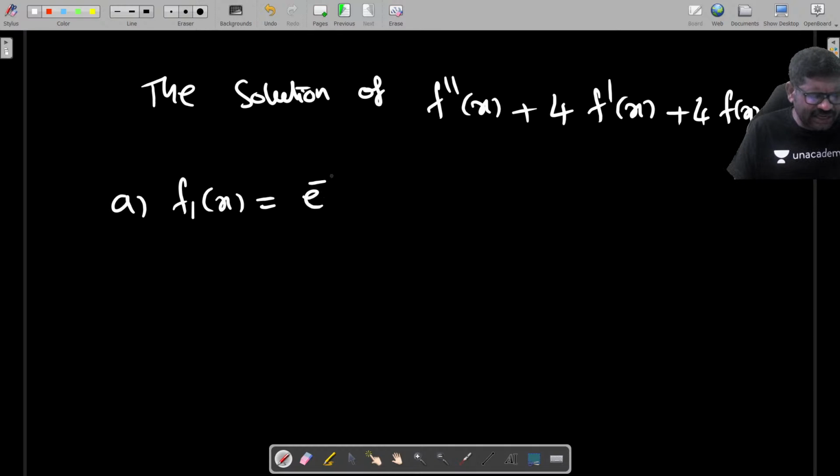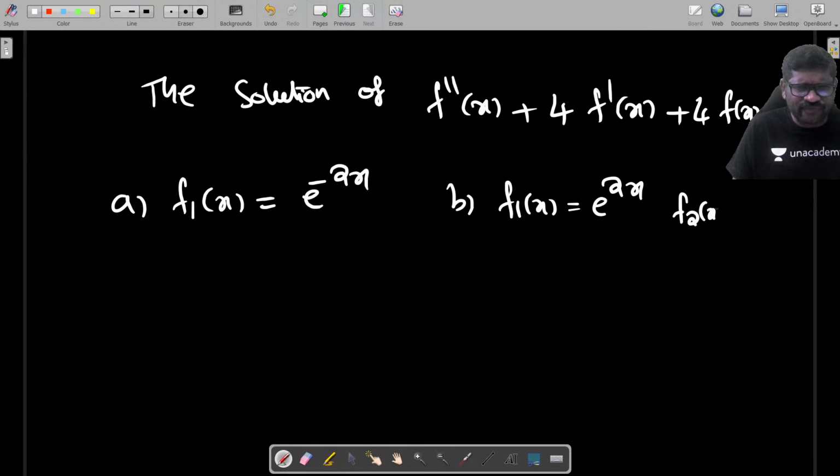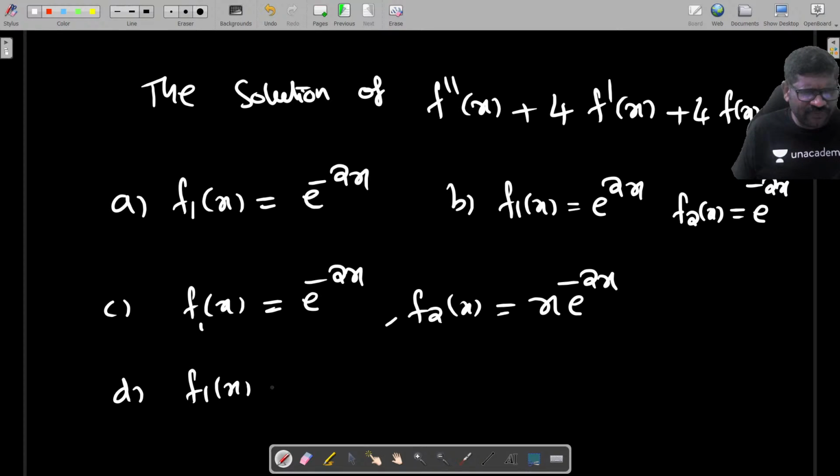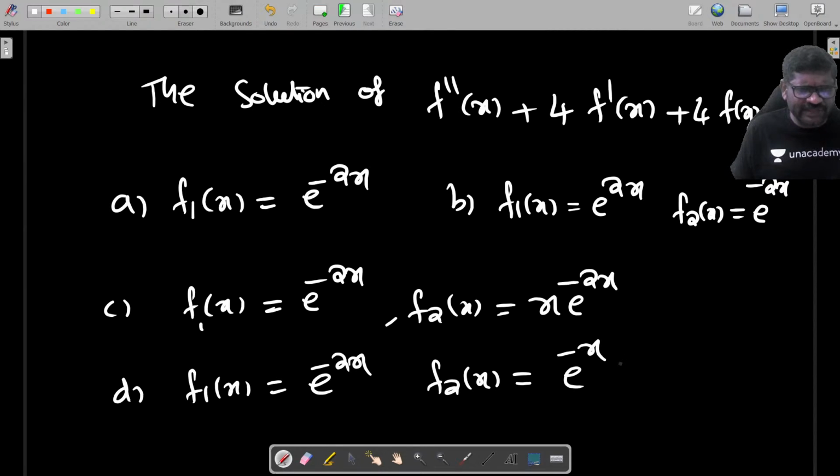First option, f1 of x is e power minus 2x, f2 of x is e power 2x. Second option, f1 of x is e power 2x, f2 of x is e power minus 2x. Third option, f1 of x is e power minus 2x, f2 of x is x into e power minus 2x. Last option, f1 of x is e power minus 2x, f2 of x is e power minus x.